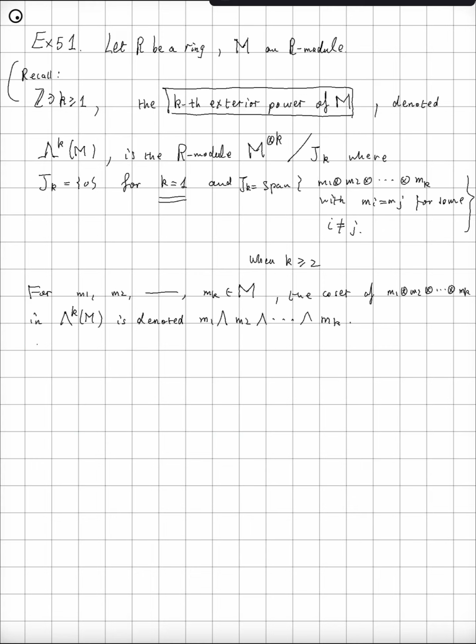By convention, we set gamma 0 to be just the coefficient ring R. This J_0 would be 0, so the quotient is trivial, and we also by convention set it to be R. We are following the lecture notes by Conrad.